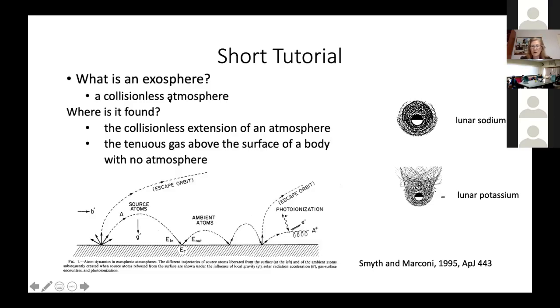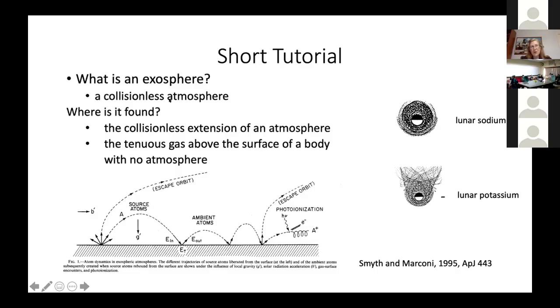The little cartoon at the bottom was taken from a paper by Smith and Marconi. They wrote it in 1995, but it's a very good tutorial that I think every student of the subject should read. It shows that the source atoms can either follow a ballistic orbit or an escape.